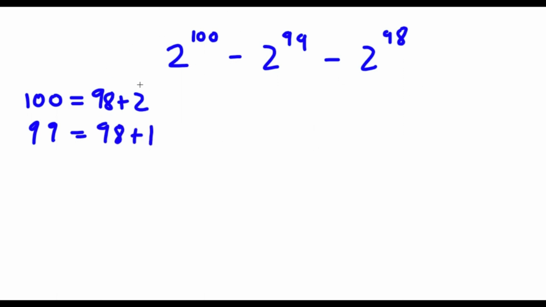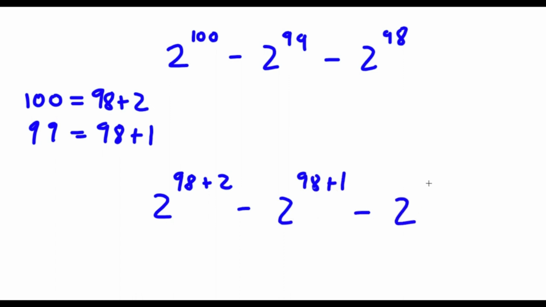So now if I replace these in, I get 2 to the power of 98 plus 2 minus 2 to the power of 98 plus 1 minus 2 to the power of 98.